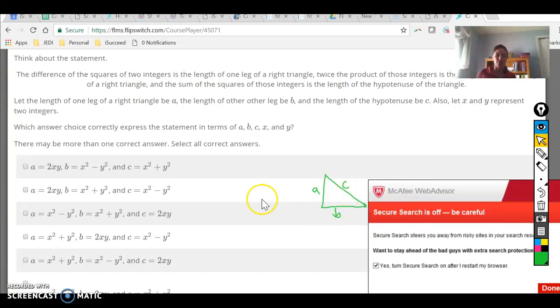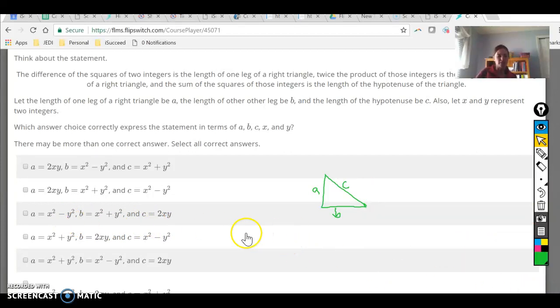So one of those legs has to be the difference of squares, which would be, oops, let's do that. So it could be either A or B has to be the leg, so it could be either of those.